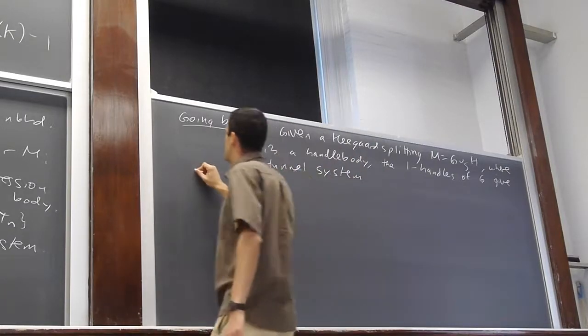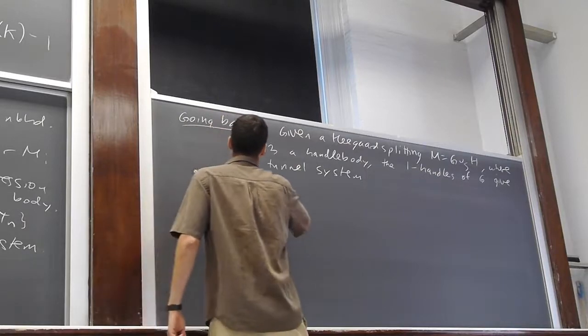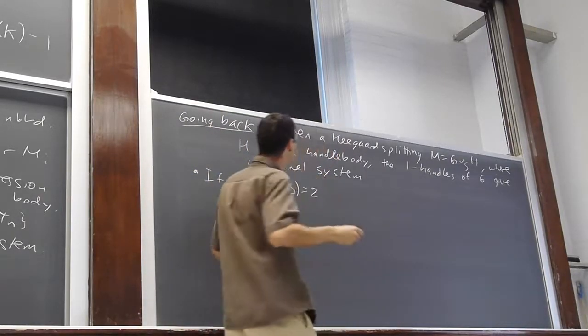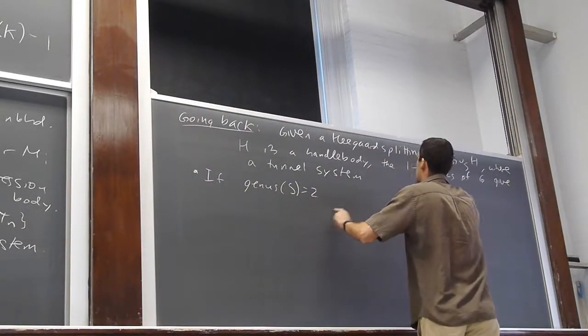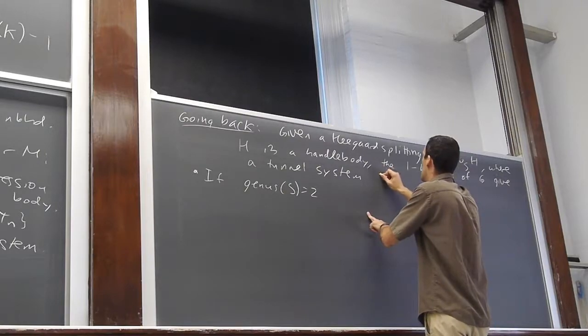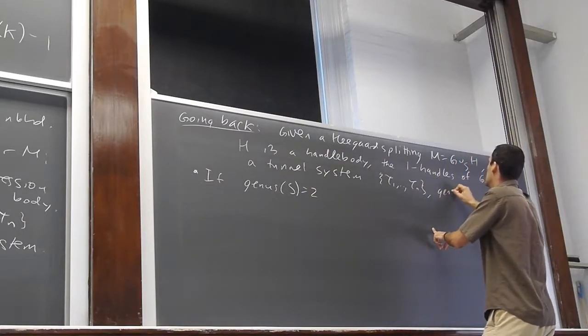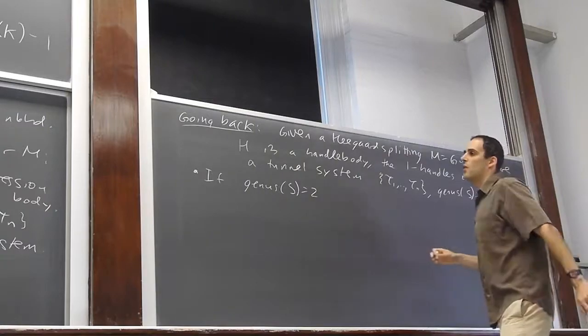Here there's maybe some issues of uniqueness. So if the genus of the surface is 2, generally speaking, maybe I could say that in the tunnel system tau 1 through tau n, the genus of the surface is 1 more than the number of tunnels.